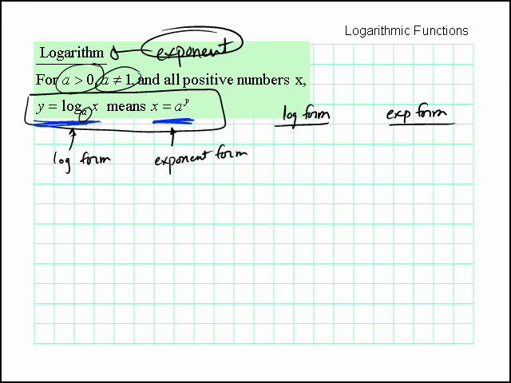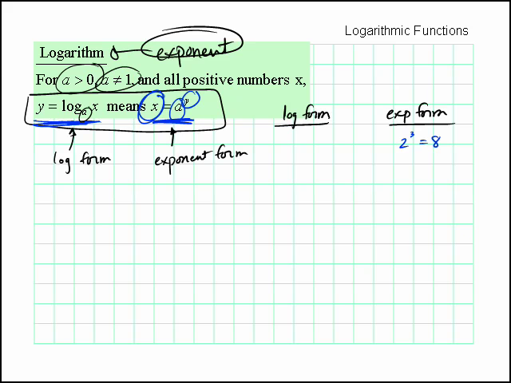For example, let's say I have 2 cubed equals 8. Okay, that's currently in exponent form. The 8 is the x here, the 2 is the a, and the 3 is the y.